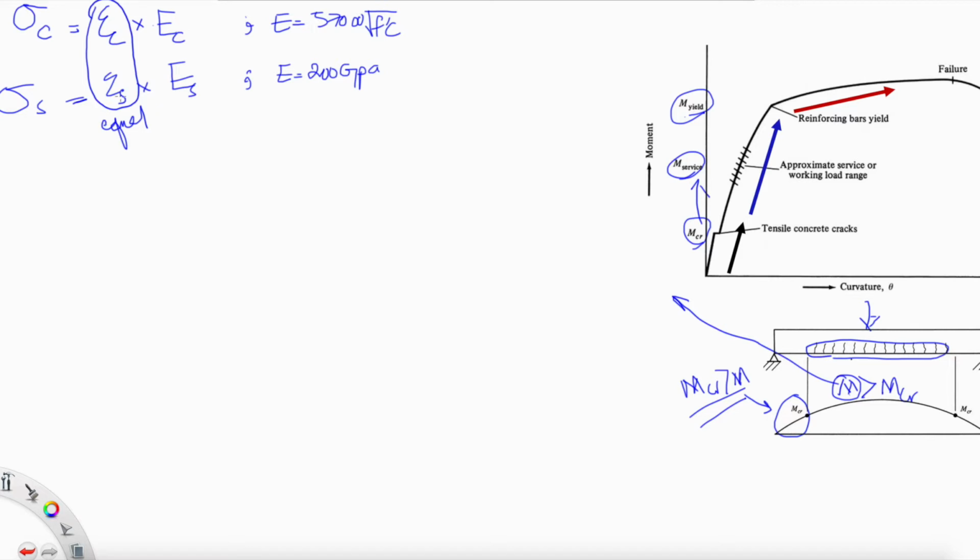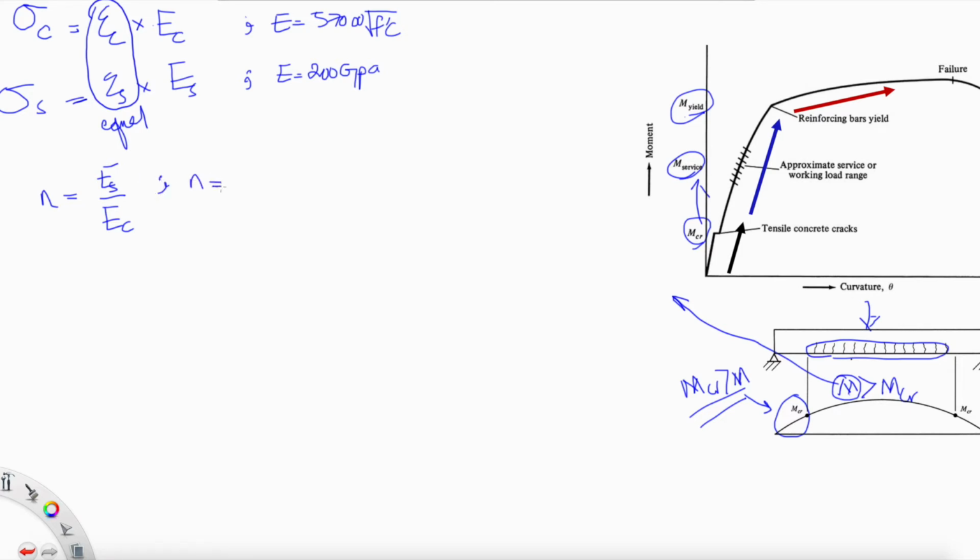So there is something that we introduce here called the modular ratio, which is actually the modulus of elasticity of steel divided by the modulus of elasticity of concrete. What does this term modular ratio mean?